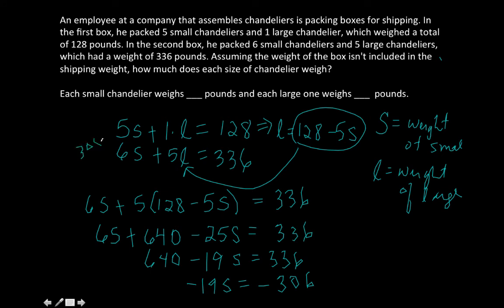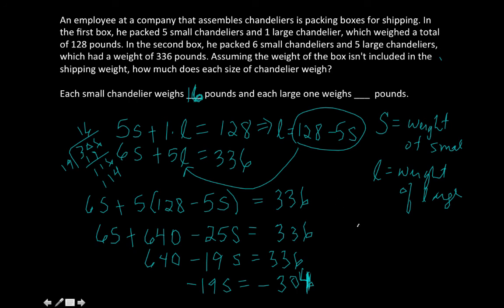Dividing by negative 19, oh, that should have been a 4, yeah, 304. Okay, so that's 16. Each small one weighs 16.